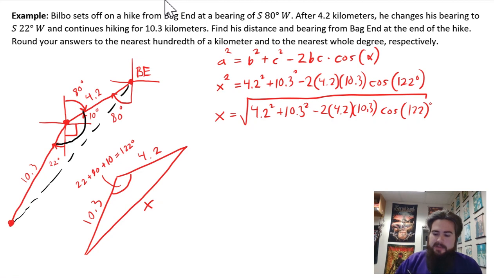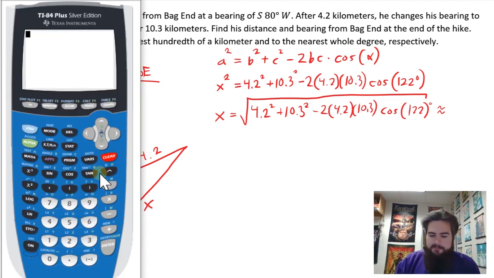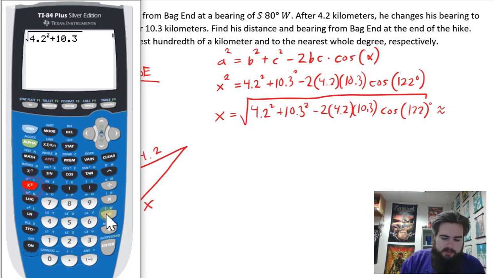And I can approximate that to the nearest hundredth as per the instructions. Let's do that with a calculator here. We have the square root of 4.2 squared plus 10.3 squared minus 2 times 4.2, 10.3, and cosine of 122.